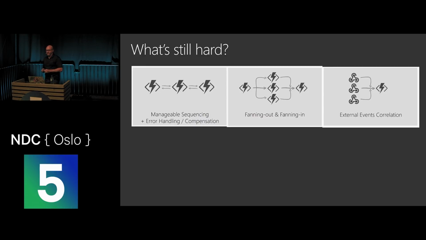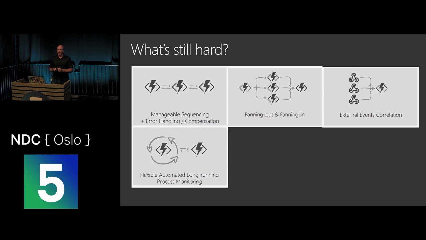So that's another pattern. I may have this idea of external events correlation. So let's say I have a process that has 3 steps, and I want to raise an event to say step 1's done, step 2's done, step 3 done. How do I manage that in code and in serverless?